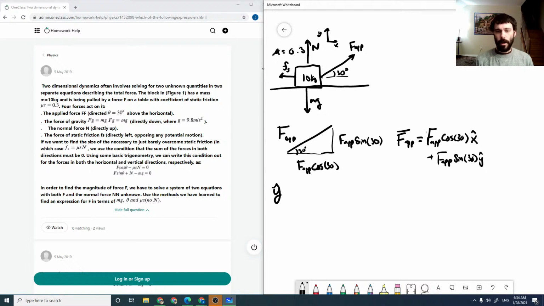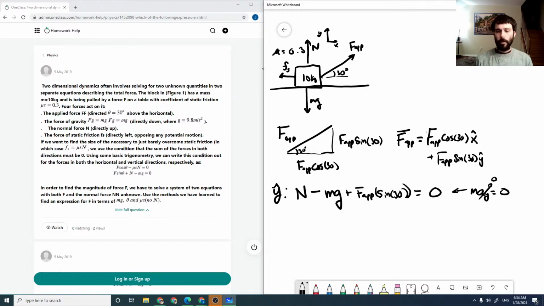So if we look in just the y direction, then we've got a positive normal force minus our mg force, and then plus our force applied sine 30, and then that equals 0 because ma equals 0 as the acceleration is 0. So we've got no acceleration, so that'll equal 0.